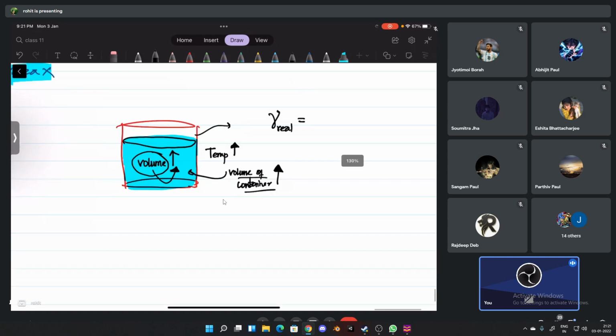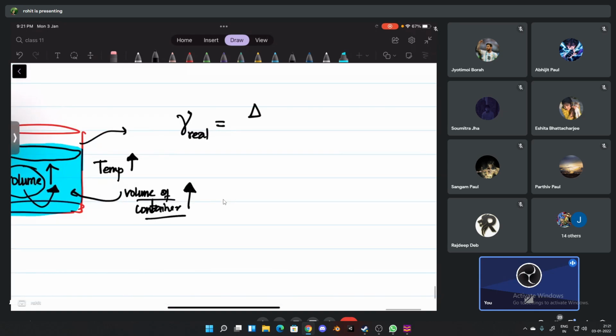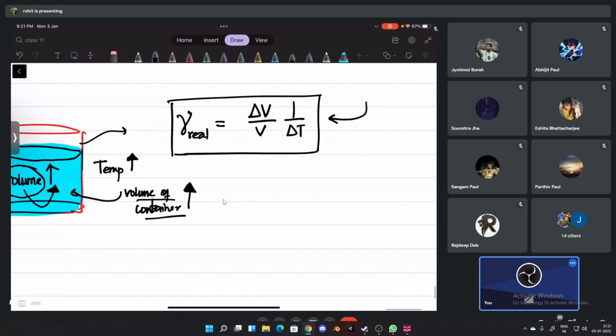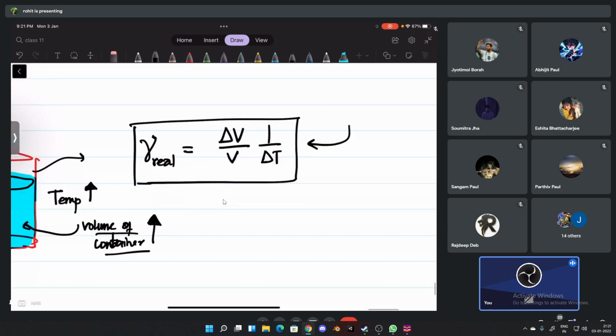And the formula will be the change in volume per unit original volume per degree rise in temperature. Can you understand the definition here? Where this delta V represents the real change of volume.